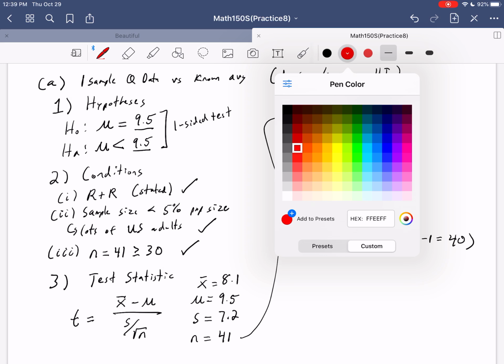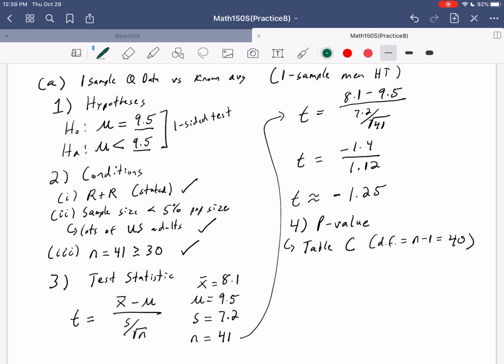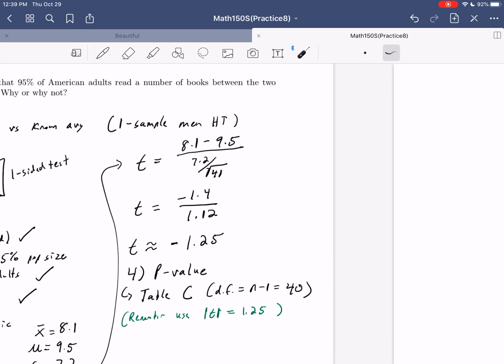So just as a little note here, put this off to the side. We're going to remember to use the absolute value of t, which is 1.25, when we're looking this up. So our test statistic is 1.25 that we're going to be using to look up, and we have 40 degrees of freedom. So let's go to table C and look that up.